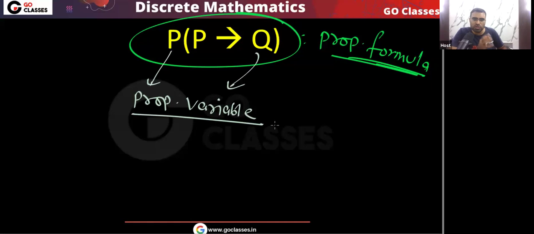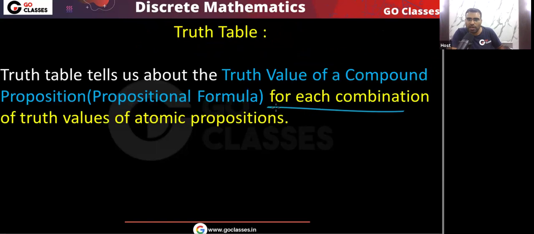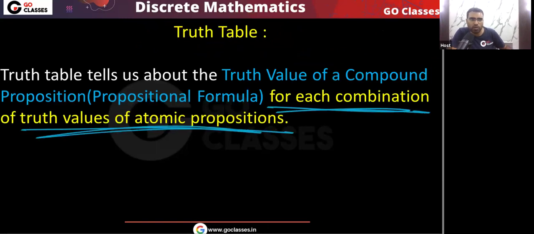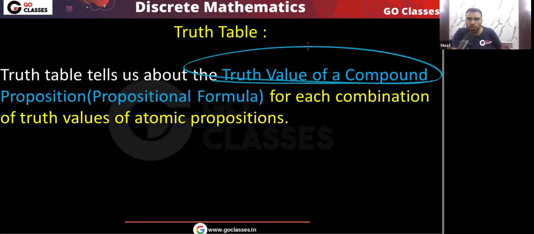Now what does truth table mean? Truth table means that for every truth value combination of propositional variables, for every truth value combination of P comma Q, what is the truth value of this formula? Is this clear? For every truth value combination of atomic propositions, what is the truth value of the compound proposition? Okay, so let's see.